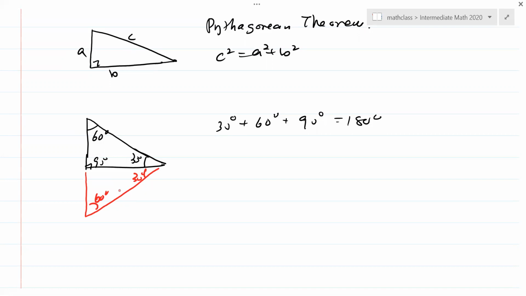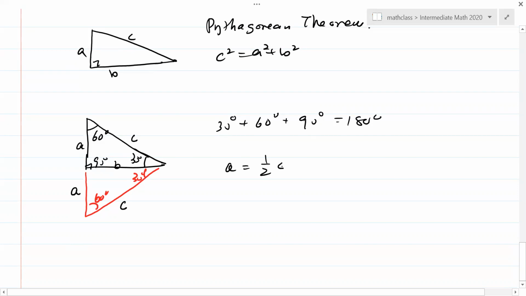Here's C, here's A, here's B. Then this will be A, that will be C. So clearly you will see that A is going to be half of C, because 2A is going to be C. They all should be equal, because all three angles are equal to 60 degrees.